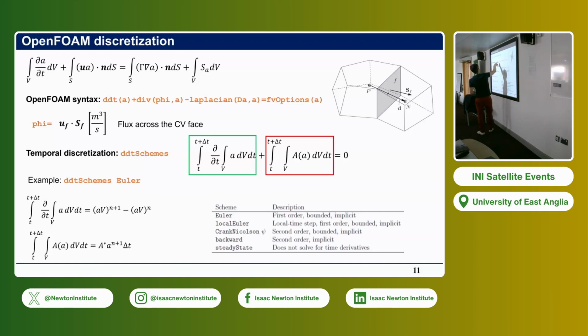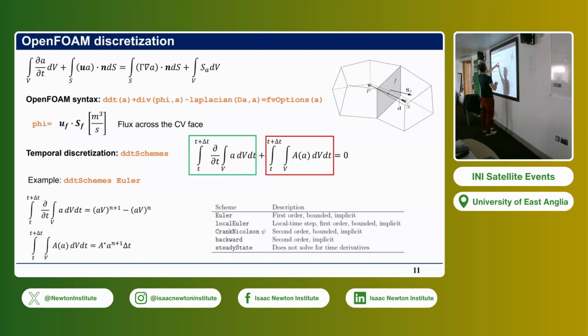Then divergence of phi, A. Phi in OpenFOAM, you will see it around, is the volumetric flux across a control volume face. So it's the scalar product of the velocity on the face times the surface normal vector.